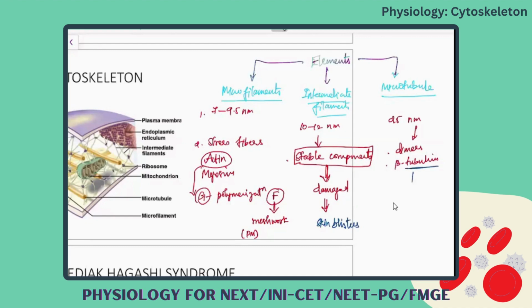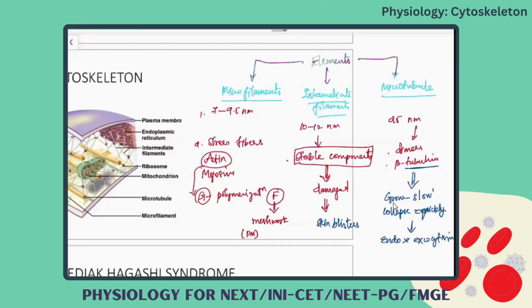You will come across tubulin in that mainly. This grows slowly and collapses quickly. It has a major role in endocytosis and exocytosis.